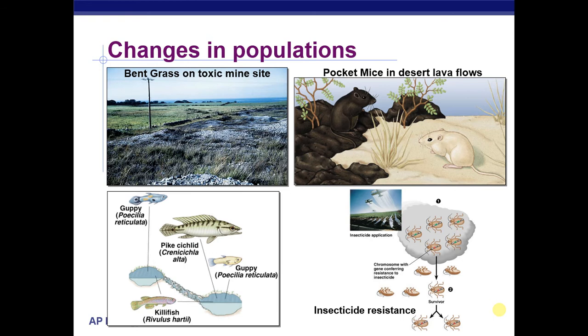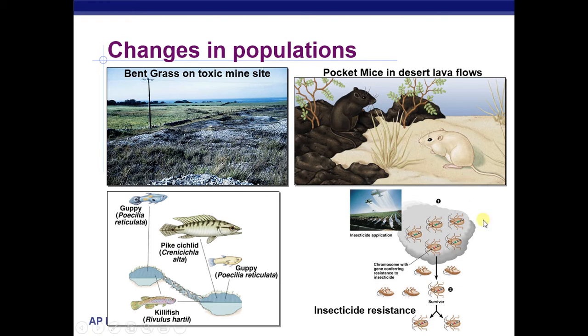So here are some pictures, for example, bent grass on toxic mine sites. They're able to exploit space that other organisms aren't because they are able to grow in this toxic environment and have substrate without competition. Rock pocket mice in the desert lava flows, that's something that we're going to watch in class next time, so we'll learn a little bit more about that.